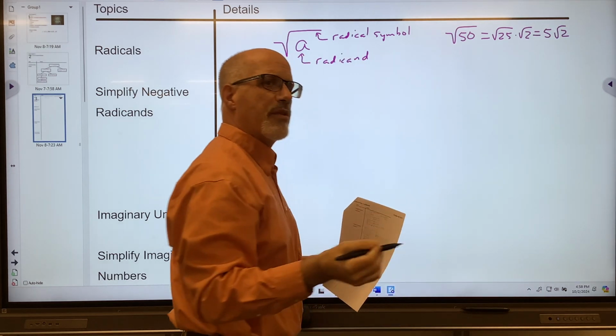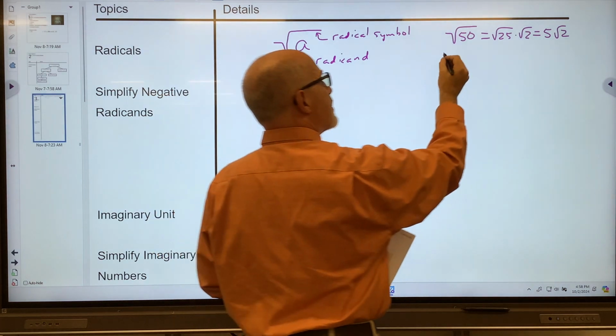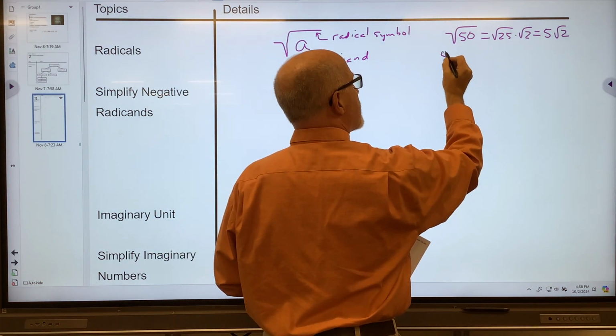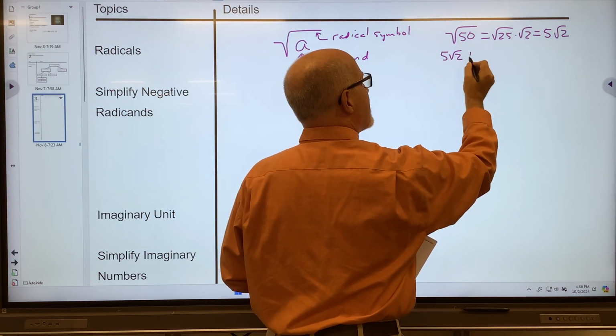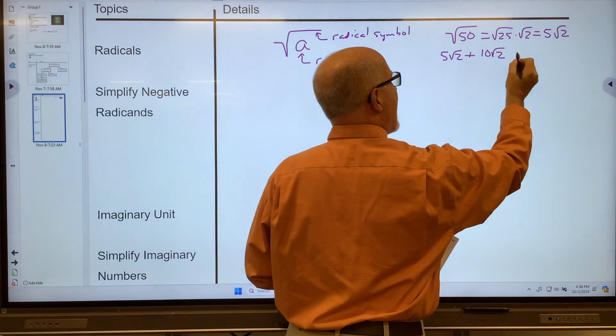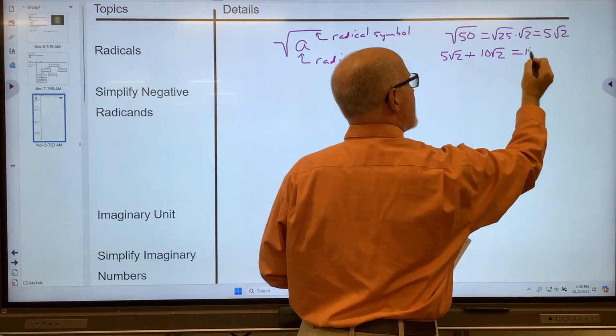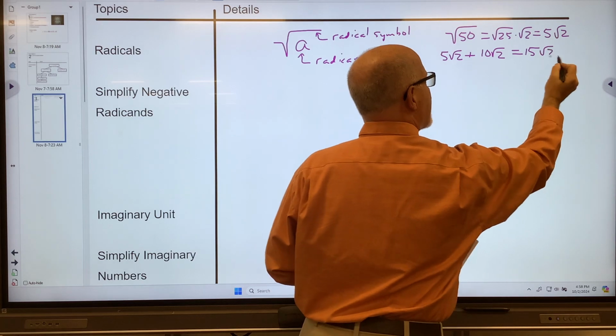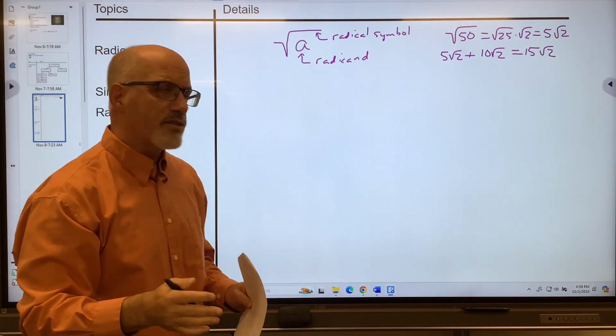That's it simplified. If I have 5 square roots of 2, and I want to add to it, let's say 10 square roots of 2, I can add those two and get 15 square roots of 2. That's simplifying radicals.